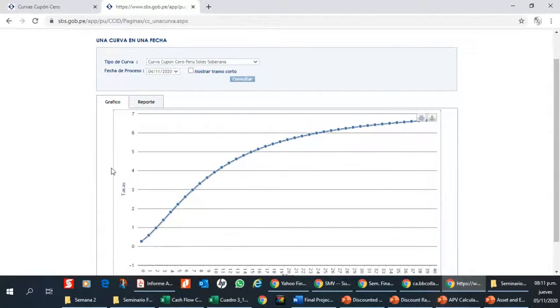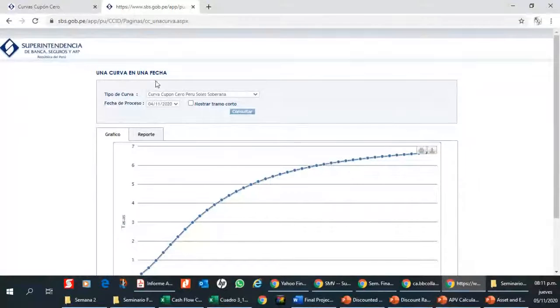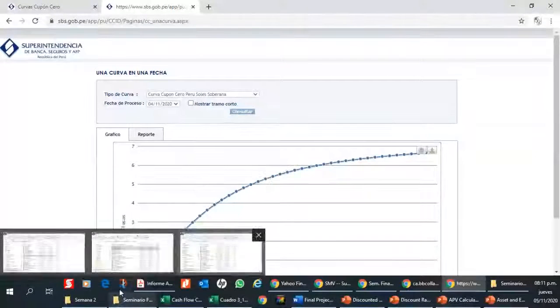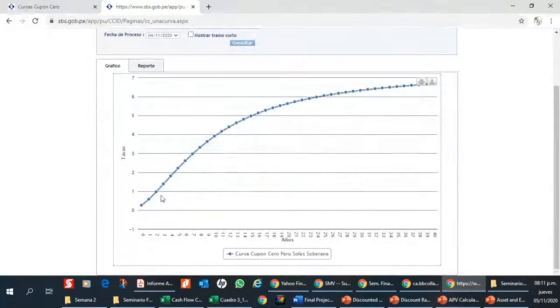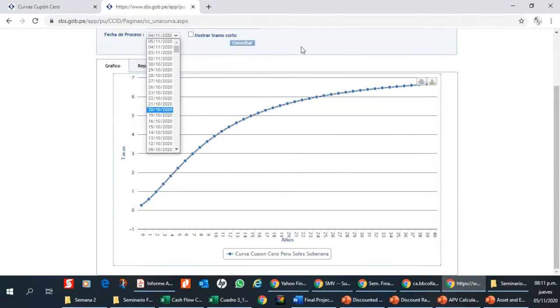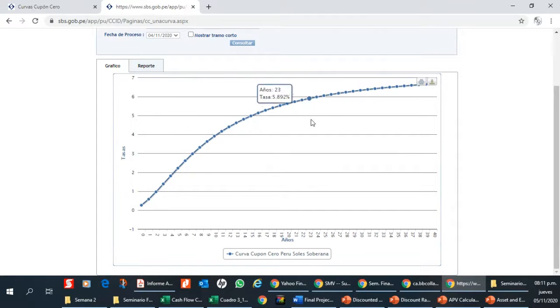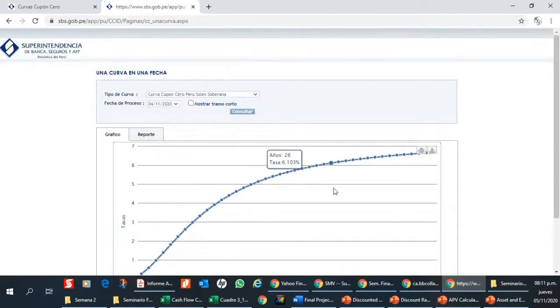We're talking about a significant number, right? But our friends at the Superintendencia de Banco y Seguros, what they are showing us is a curve related to the sovereign bonds, right? So they have depicted, based on the market information for each one of the different days, right? What is the sovereign curve, in this case in soles, right? Once again, this is a zero coupon, right? So it assumes that there are no intermediate payments, right, for everything.